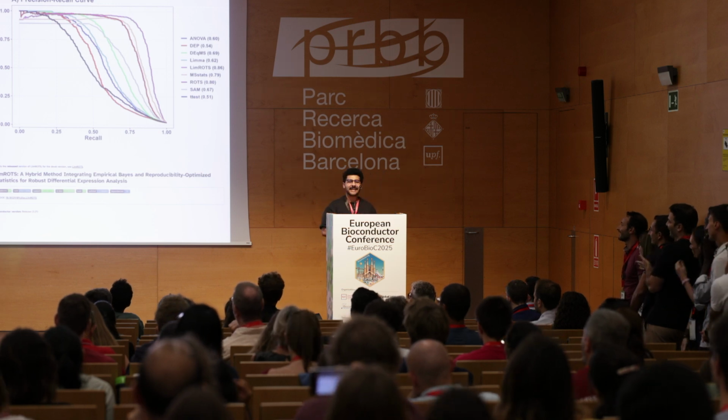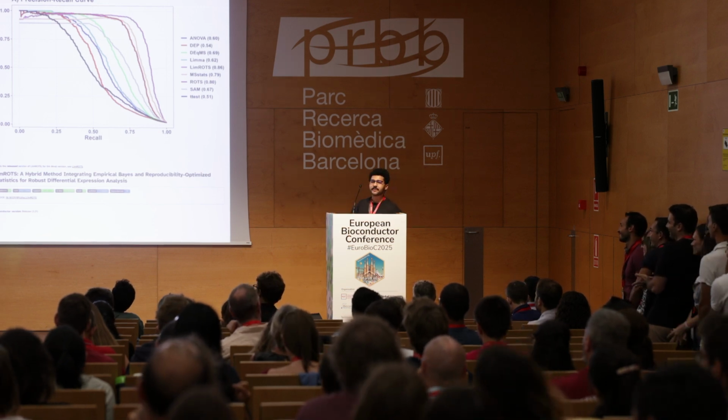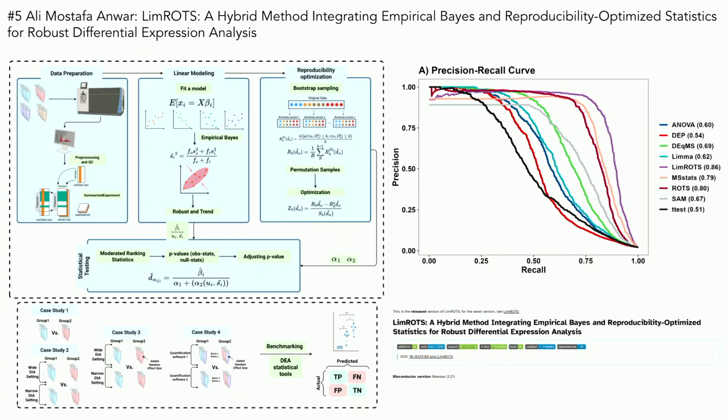Yeah, hey. As we heard today, in proteomics analysis we have a lot of problems, from batch correction to imputation, but also in the differential expression step, because most of the methods used don't have an optimization for maximizing the reproducibility in the statistic or the ranking of the proteins or features. This is why we created Limrods, which tries to maximize reproducibility through both precision and recall.